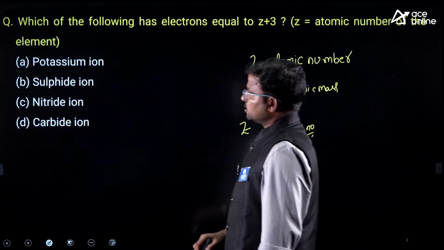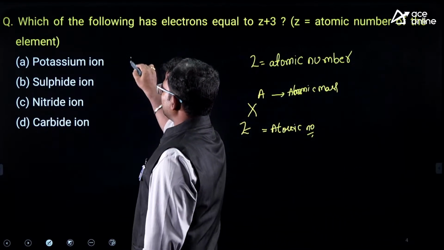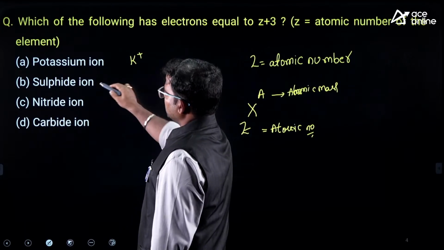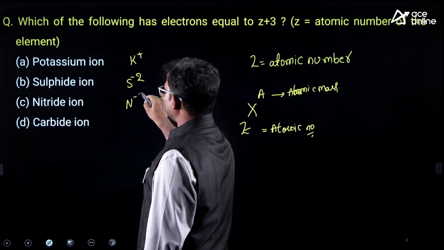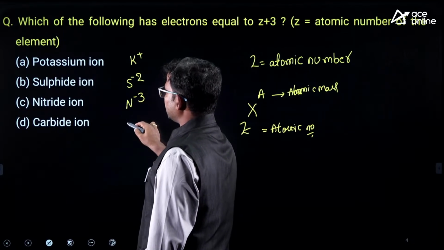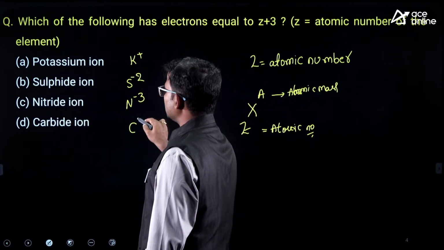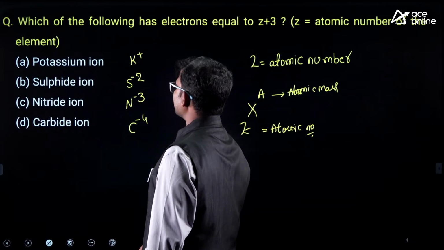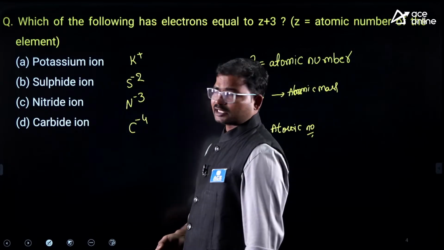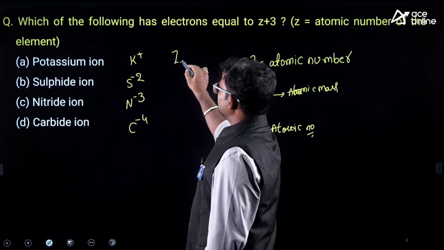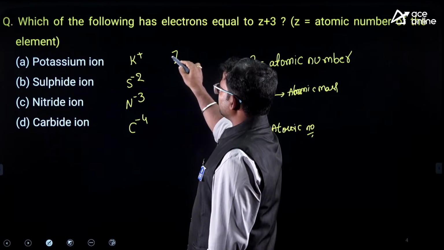Here they mention the potassium ion K plus, the sulfide ion S minus 2, the nitride ion N minus 3, and the carbide ion C minus 4. What is the atomic number of potassium? 19. So here Z is equal to 19.